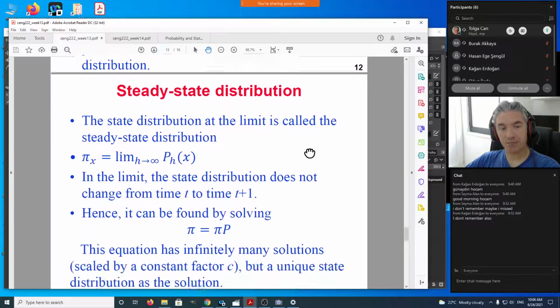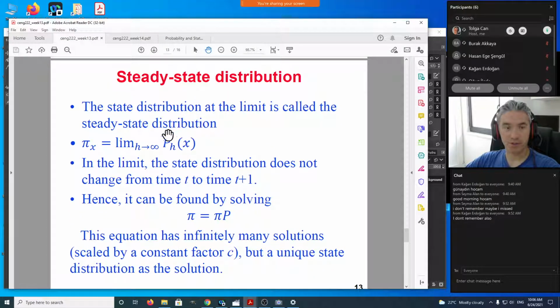And the steady state distribution, which we did last time, was the solution to this equation. If we're at a certain time point where the state distribution is given as this row matrix pi, you multiply it with the one-step transition probabilities to see where you're going to be at t plus 1, and you see that you're still at pi. So if it's like that, this pi is not going to change anymore.